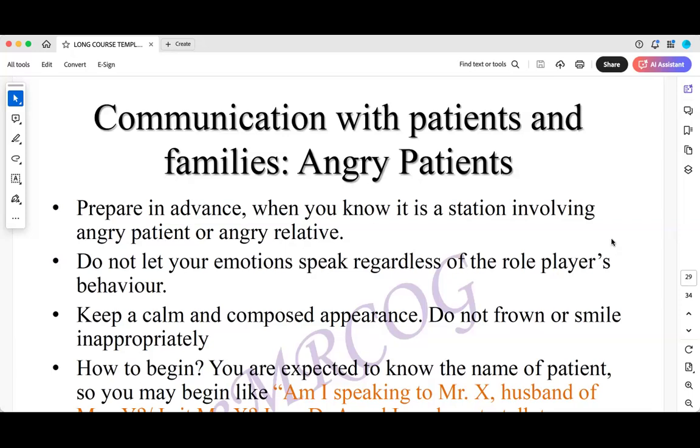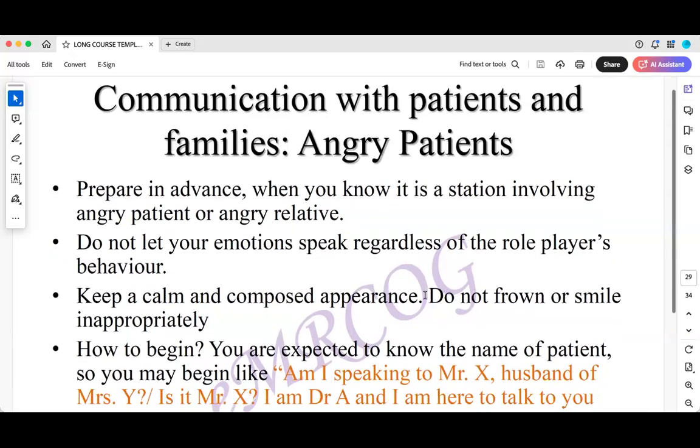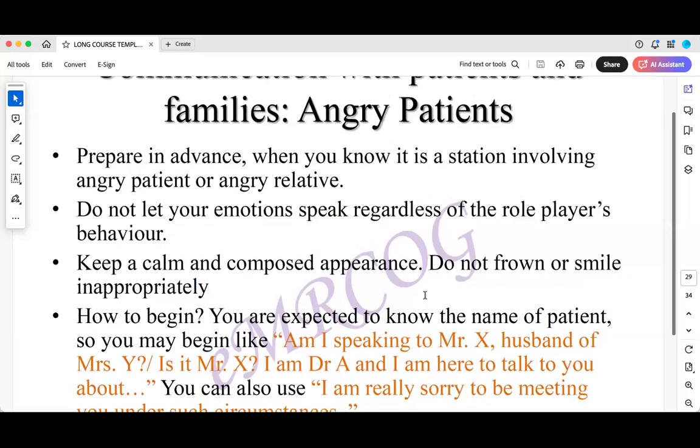So whenever you have a role player who is acting as an angry patient or angry relative, you have to hold your nerves and not let your emotions speak regardless of the role player's behavior, okay? Sometimes he will say something that makes you angry, like, "Oh, you are not a good doctor. What kind of doctor are you? You don't know anything." Anything like this. Just hold your nerves.